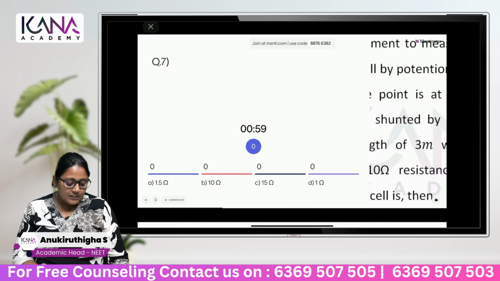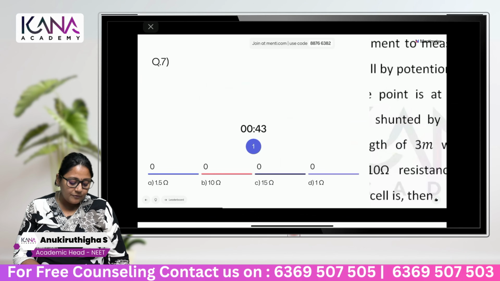The next question is, in an experiment to measure the internal resistance of a cell by potentiometer, it is found that the balance point is at a length of 2 meter when the cell is shunted by a 5 ohm resistance and is at a length of 3 meter when the cell is shunted by a 10 ohm resistance. The internal resistance of the cell, internal resistance என்னவா இருக்கும் அப்படின்னு சொல்லி கேக்குறாங்க. So the options are 1.5 ohm, 10 ohm, 15 ohm and 1 ohm.